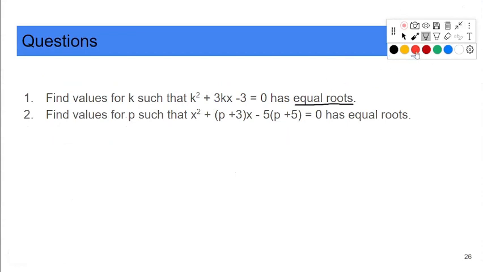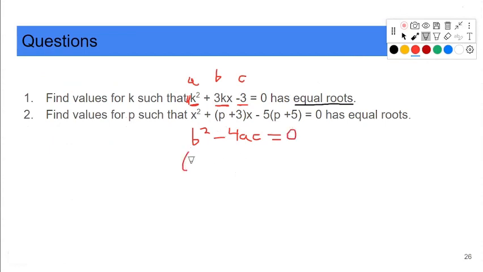Right? So we can just say that this 3k is b, this here is c, and let's say a 1 is here, and that is a. So then we have b squared minus 4ac equals 0.